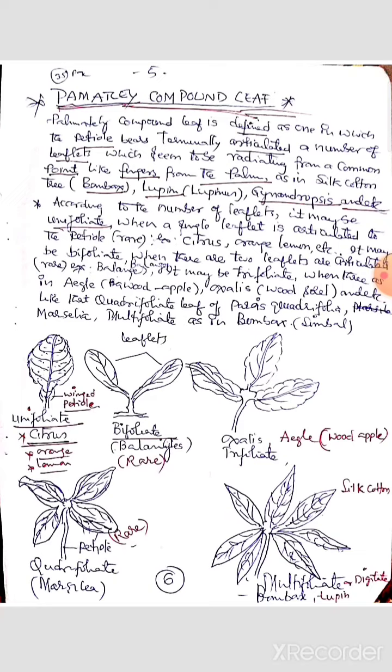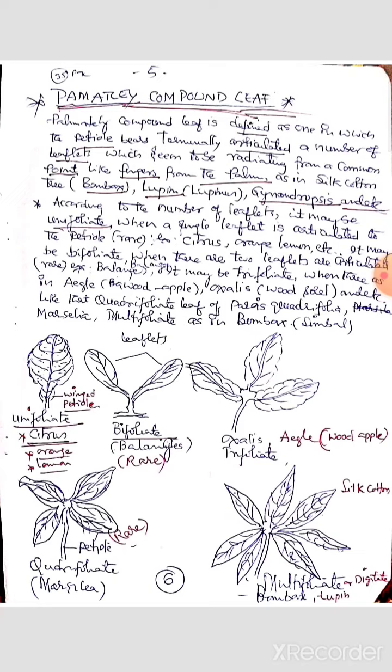According to the number of leaflets, it may be single. It is called unifoliate. You can see this diagram here. Unifoliate. When a single leaflet is articulated to the petiole, example you can see the citrus, orange, lemon, but it is not common, it is rare.